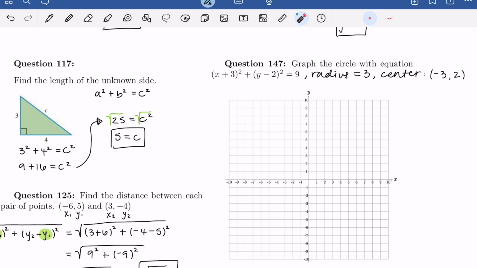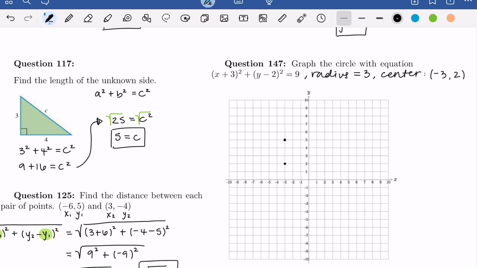All right, so from here we can graph this. The center is negative 3, 2, so that's the first thing we're going to be plotting. That'll be our center here. Now everything else is a fixed distance away from this point, and that distance is 3. So let's go 3 units in every direction. I'm going to go up 1, 2, 3. So this will be another point on our circle.